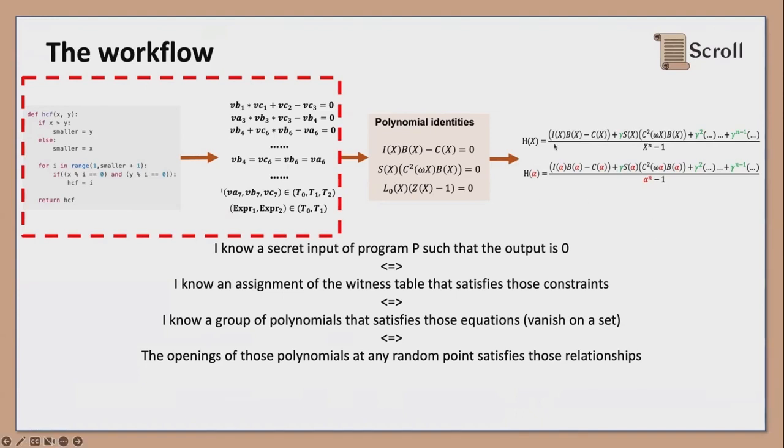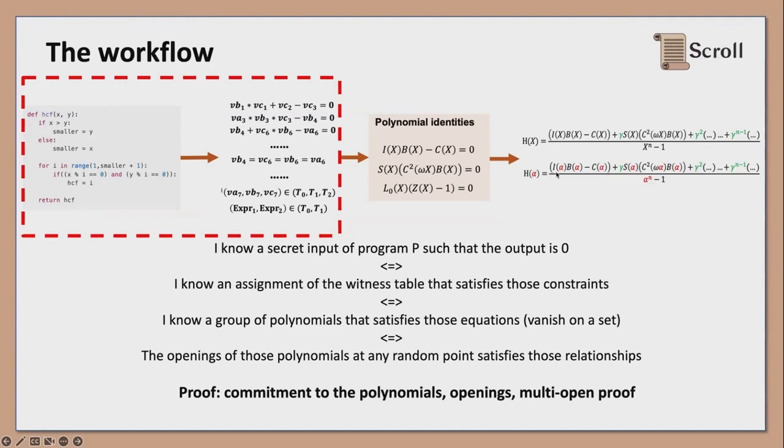So the relationship of polynomials can be converted to just one random point due to the Schwartz-Zippel lemma, and then the prover only needs to prove that those polynomials at a random point alpha, the evaluation satisfies this relationship, and that's it. And your proof will only contain the commitments to the polynomials.